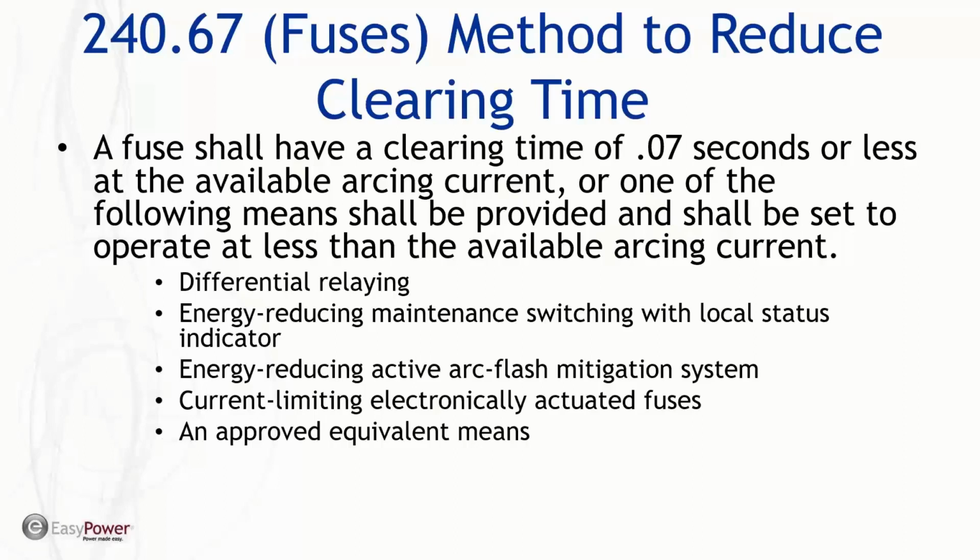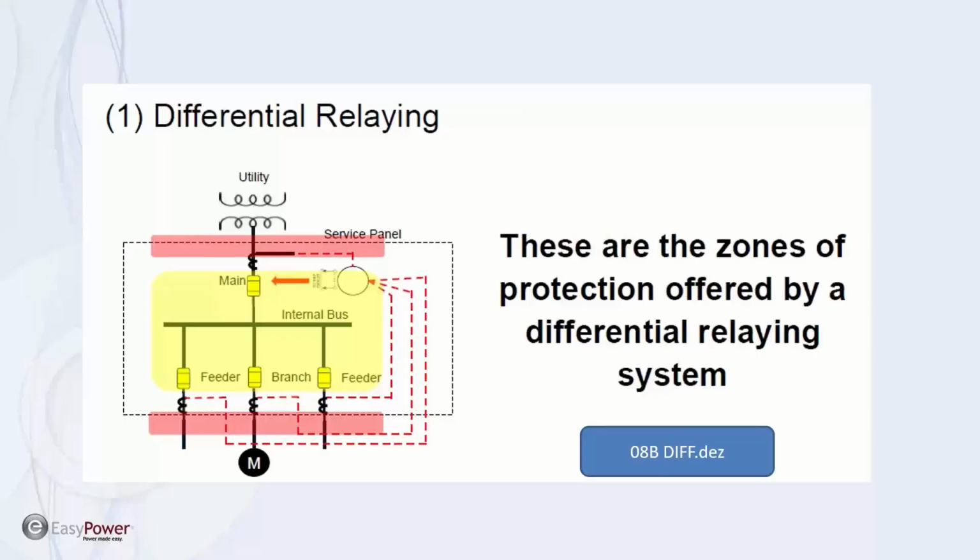Now, there's a lot in that, because in the fuse arena, many of these types of devices weren't available. And so what has been proposed in differential relaying is to have a relay that has the ability to switch, once a fault is detected, to switch the fuse.